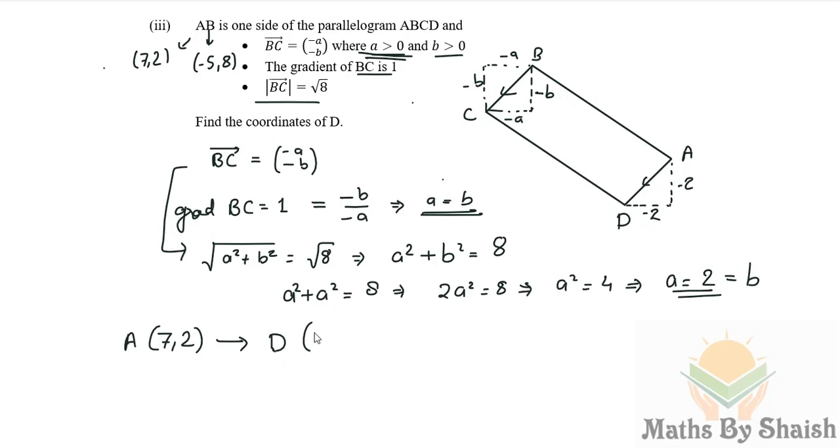D would be 7 minus 2 and 2 minus 2, meaning in both coordinates we have to subtract 2. From 7, 2, if we go down by 2 it becomes 7, 2 minus 2, 0, and going back by 2 it becomes 5, 0. So the coordinates of D are going to be 5, 0.